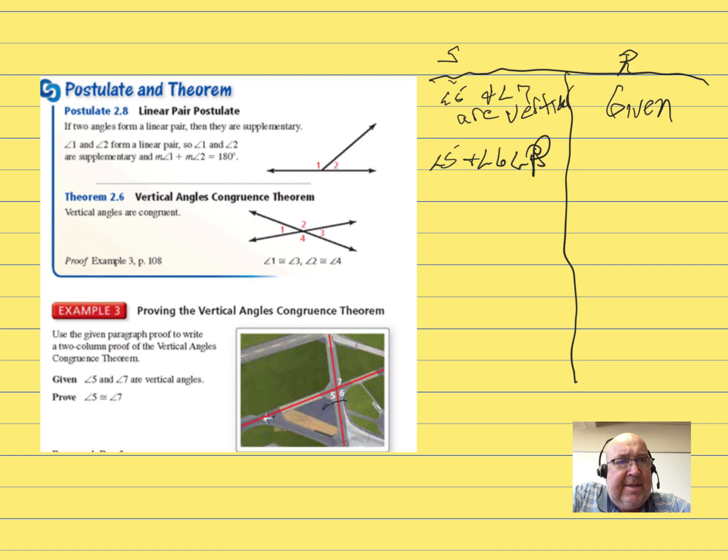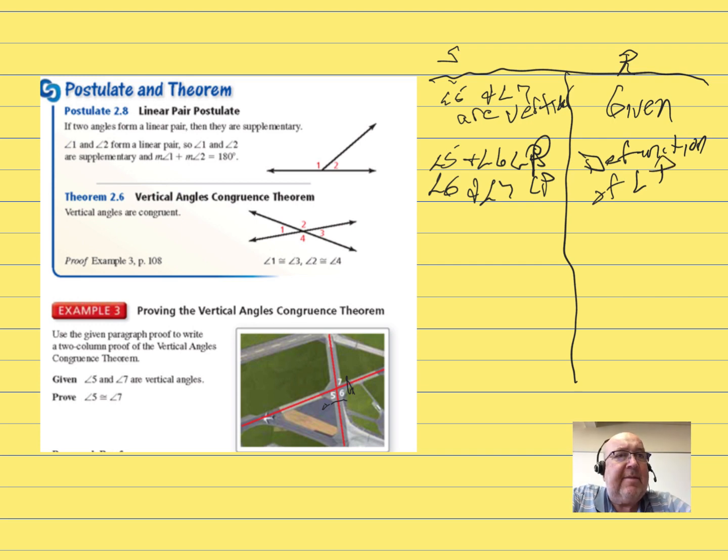And angle 6 and angle 7 are a linear pair. And that's the definition of a linear pair. Again, I'm going to abbreviate that.